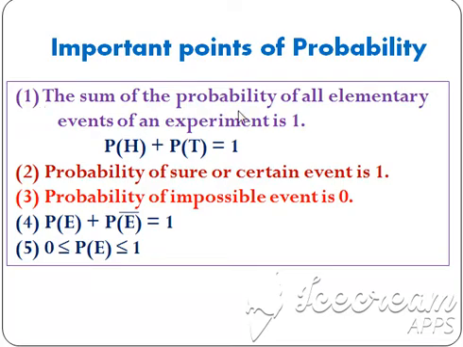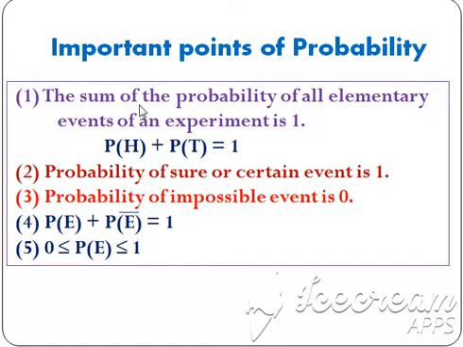The sum of the probabilities of all elementary events of an experiment is equal to 1. I'll give you an example. If we toss a coin, there are two possible outcomes: either we get head or we get tail. The probability of getting head I have written as P(H), and the probability of getting tail as P(T).